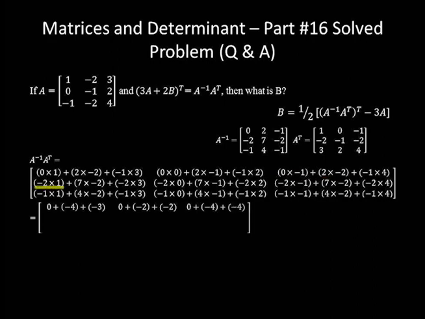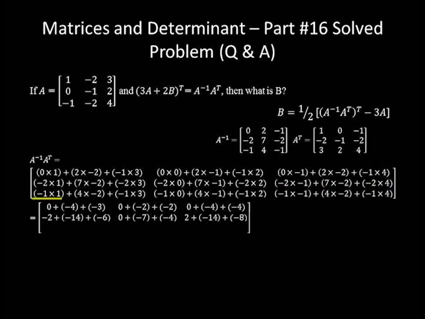Negative 2 times 1 is negative 2 plus 7 times negative 2 is negative 14 plus negative 2 times 3 is negative 6. Negative 2 times 0 is 0 plus 7 times negative 1 is negative 7 plus negative 2 times 2 is negative 4. Negative 2 times negative 1 is positive 2 plus 7 times negative 2 is negative 14 plus negative 2 times 4 is negative 8.